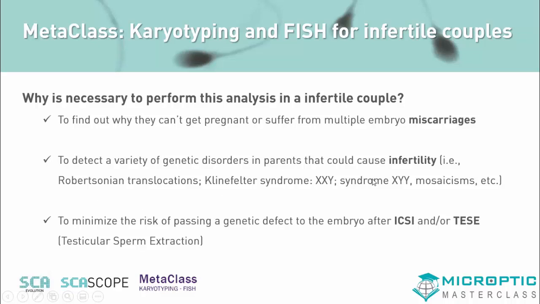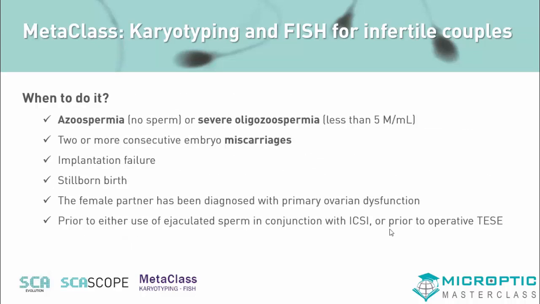And also to minimize the risk of passing a genetic defect to the embryo after doing an ICSI or a test. So if there is a problem in the sample, at the moment that you do the semen sample, it's good to do the karyotype.